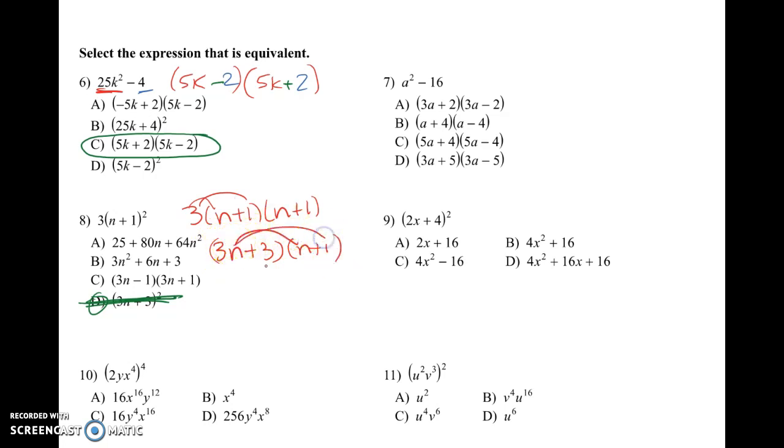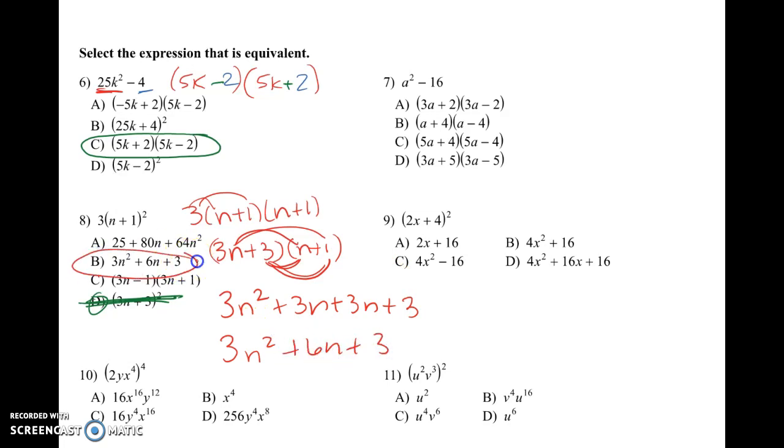And now I FOIL this, and I get 3n squared plus 3n plus 3n, what is that, plus 3. So 3n squared plus 6n plus 3. So I see that it actually matches with B.